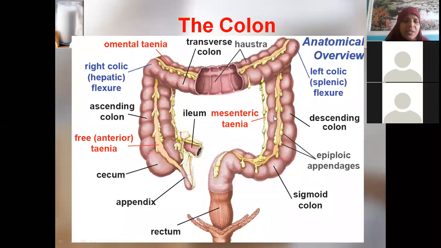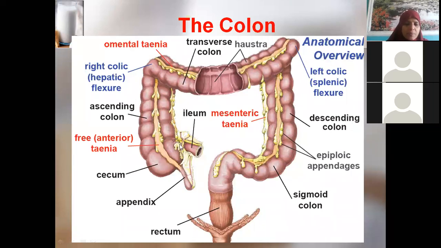Now, yesterday we finished the small intestine. What was the last part of the small intestine? Ileum, isn't it? So where is the ileum opening? Cecum. And what is the name of the opening we have?